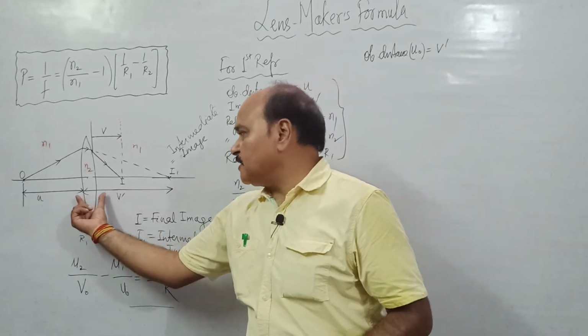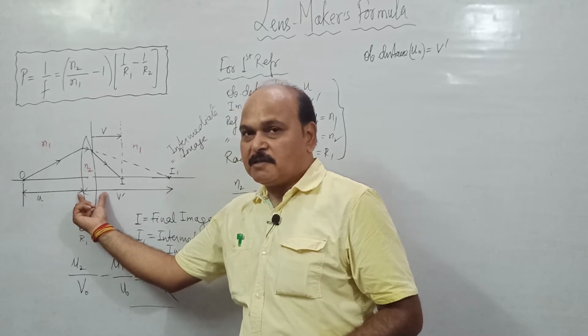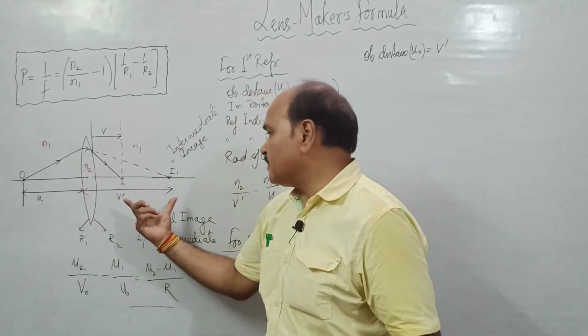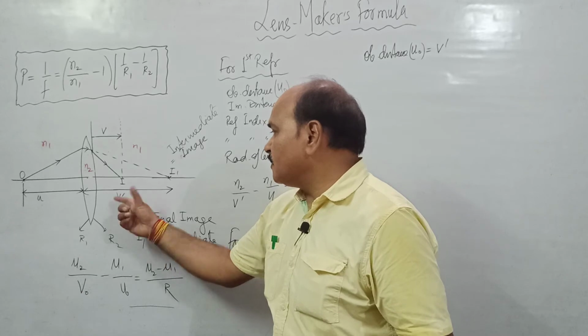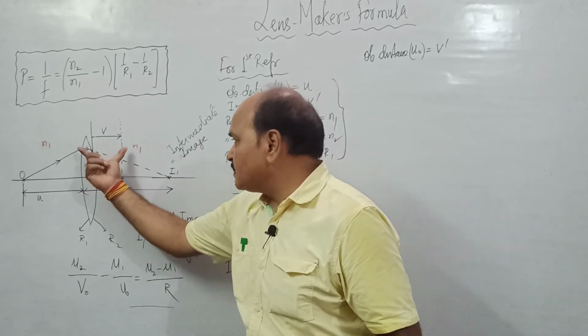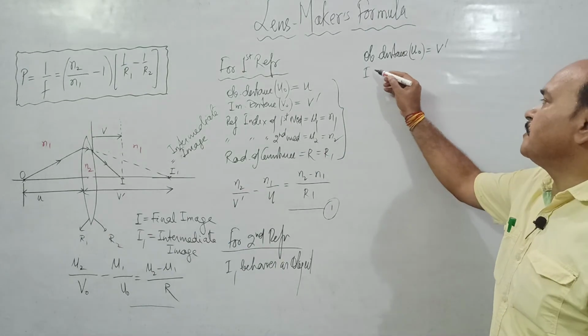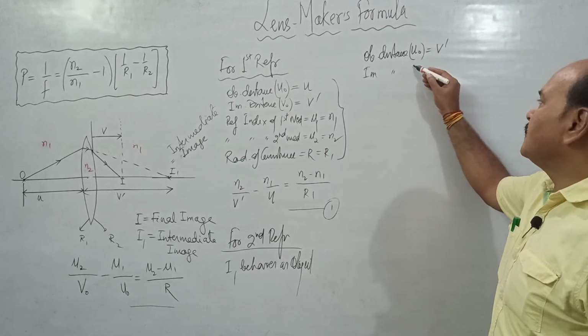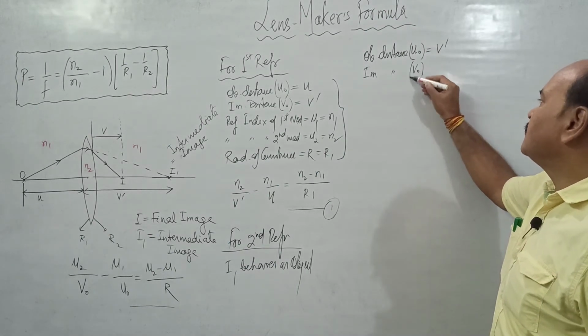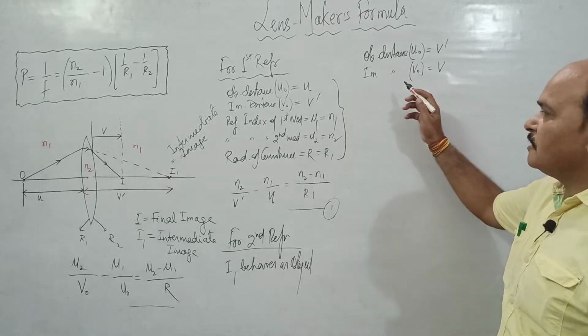Remember, this separation is negligible and can be ignored. So for the second refraction, this is the object distance and this is the final image, therefore its distance v is going to be the image distance.